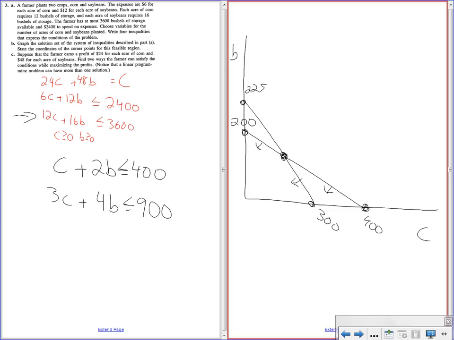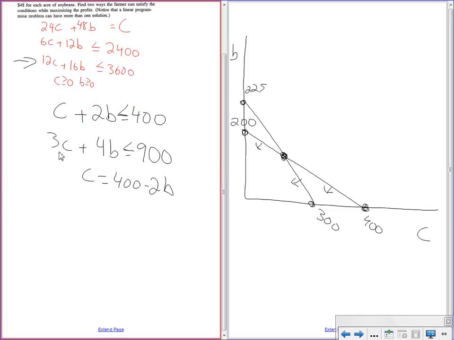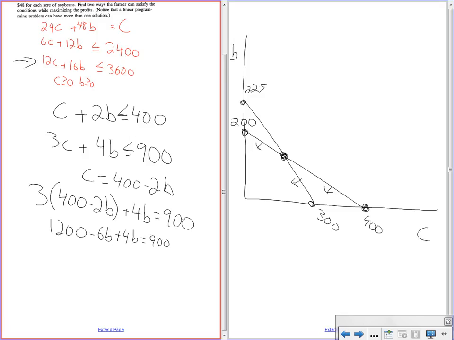That intersection is going to occur where C equals 400 minus 2B. Then 1,200 minus 6B plus 4B is 900. Moving things around, I get 300 is 2B.